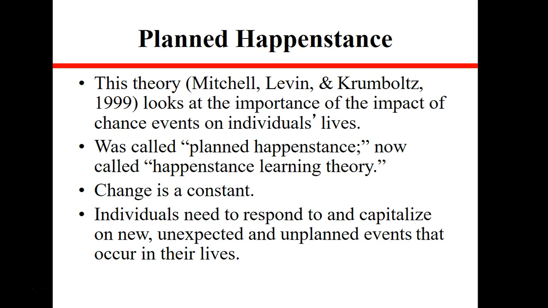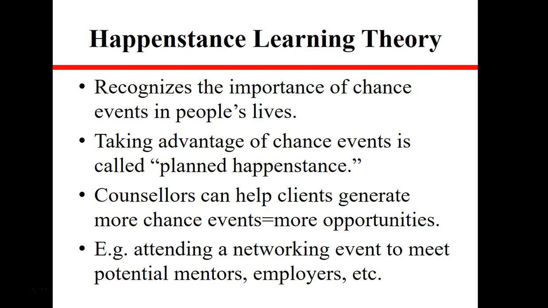So the basic concept here is that change is a constant, and that individuals need to respond to and capitalize on new, unexpected, and unplanned events that occur in their lives. So happenstance learning theory recognizes the importance of chance events in people's lives and promotes the idea of taking advantage of chance events. So this is called planned happenstance.